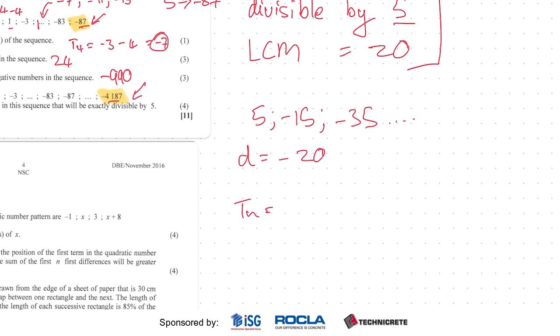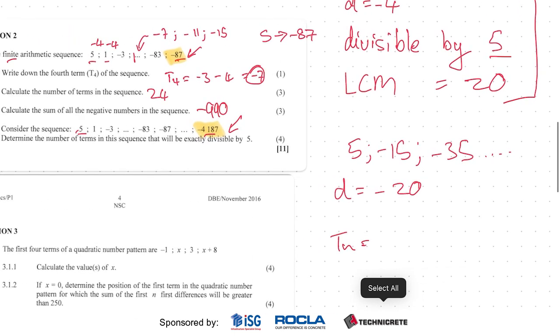So tn equals, so our first term, so what we need to realize here is that, what's our first term?